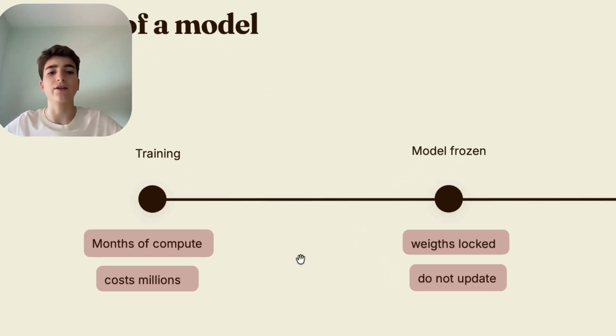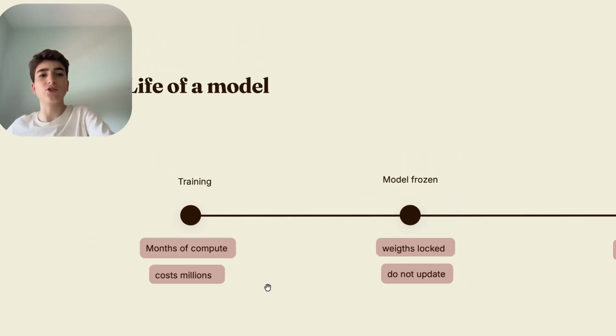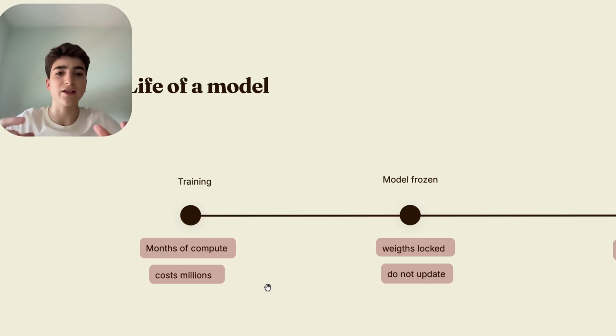When it's frozen, it doesn't keep training like in the training phase. In this model frozen phase, its weights are locked. They don't put more data into training, and it doesn't update. It just froze, like the name says, model frozen. It just froze right there.